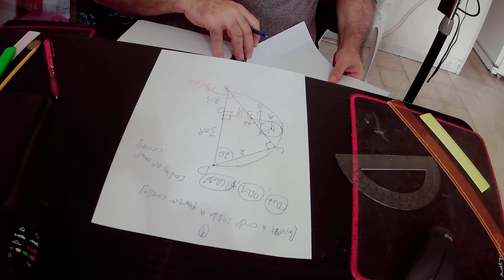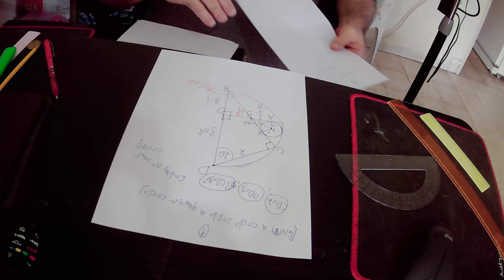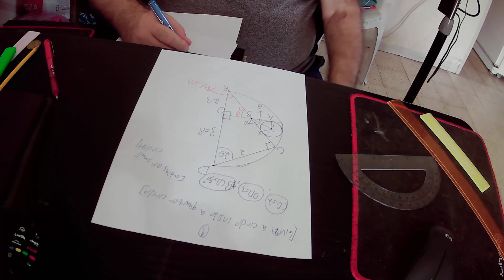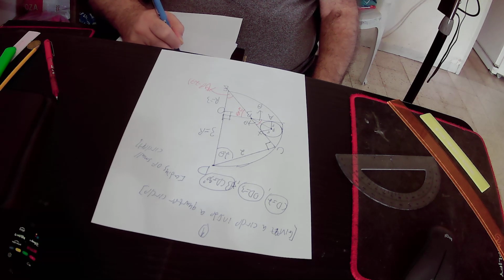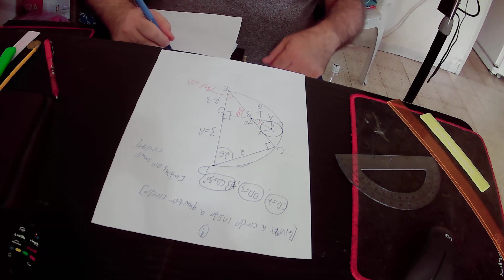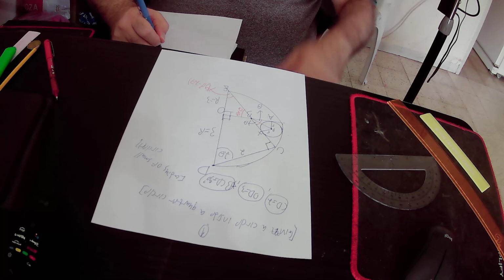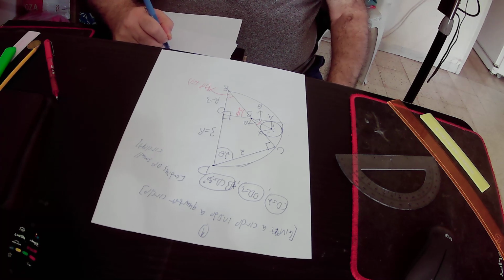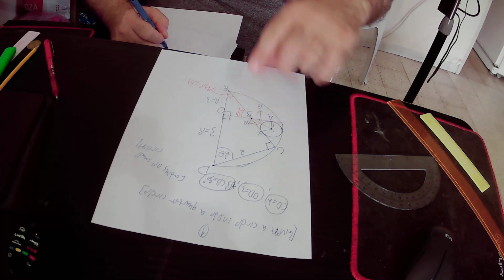Now we know that in triangle CDE, tangent 2 theta equals CE over CD.